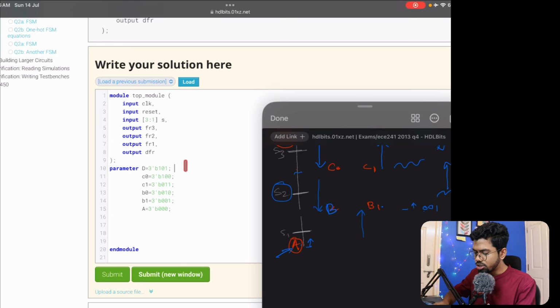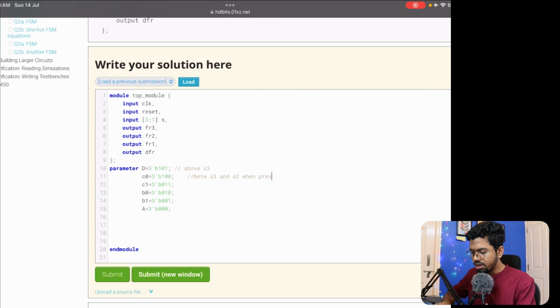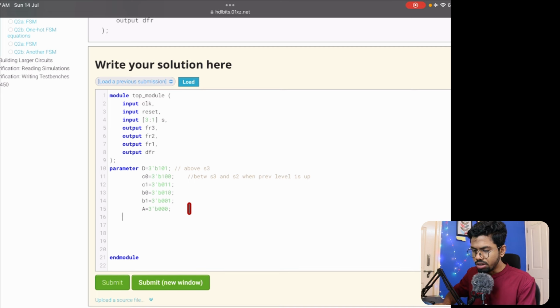And if you want to be more sure, you can also comment down here, above S3, this is between S3 and S2. C1 and C0 are when the previous level was D, when the previous level is up. Likewise you can comment for your future reference, but for now we'll stop here.